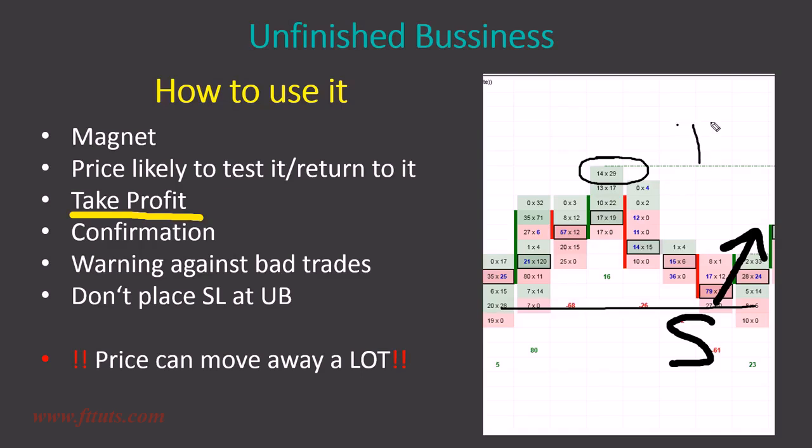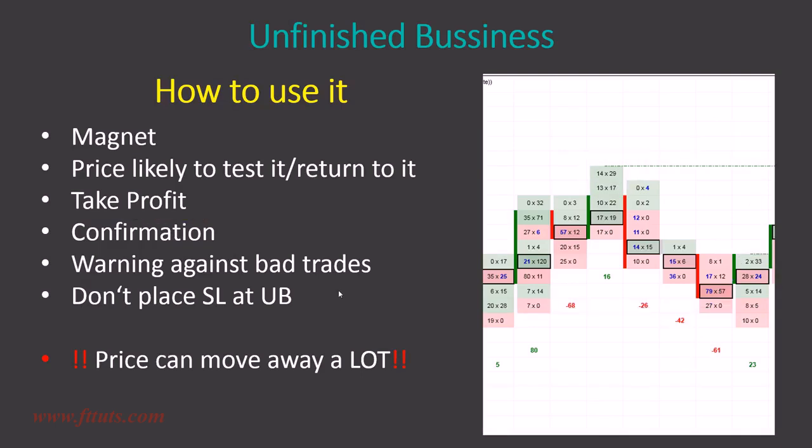So you can use it as a take profit, one tick above it, right? Because if the price goes one tick above it, it will create a successful auction out of the failed auction, out of the unfinished business. So this is one way how you can use it.